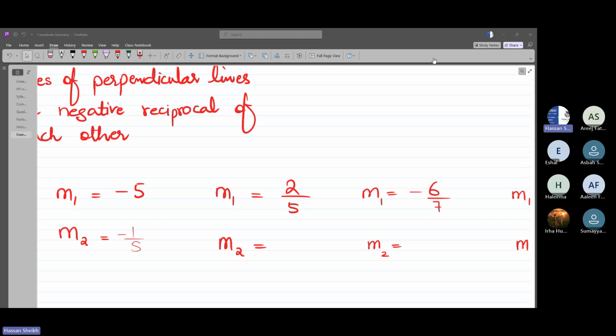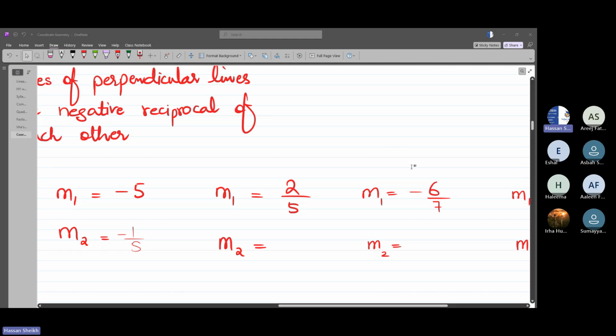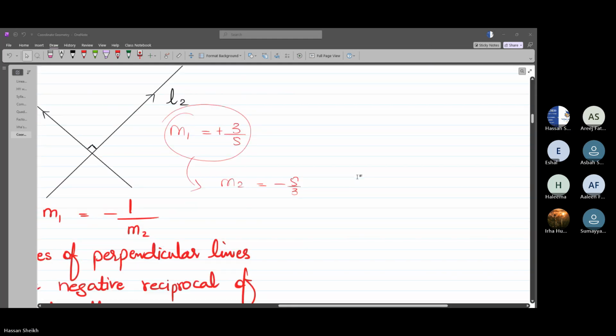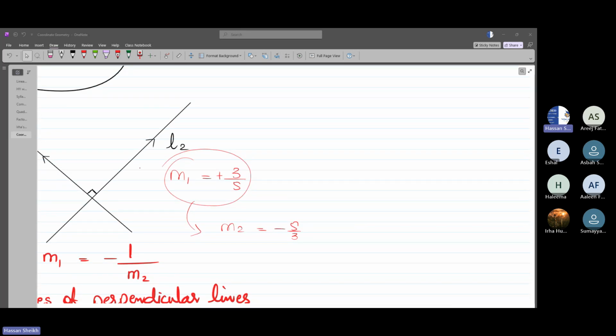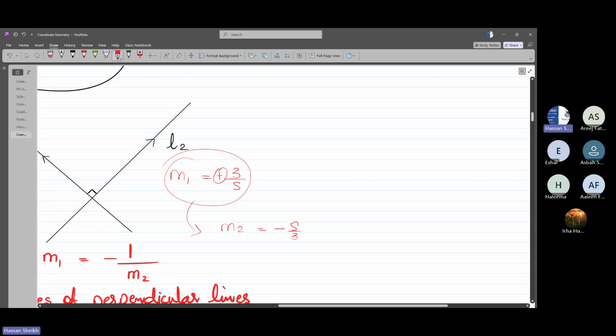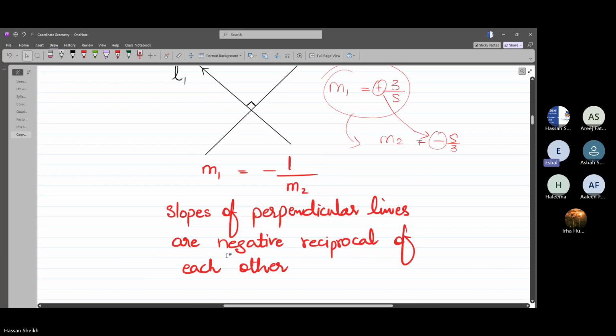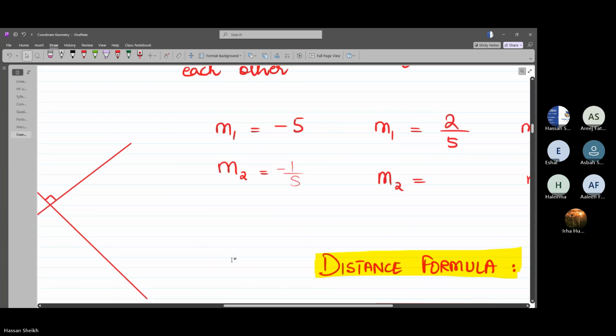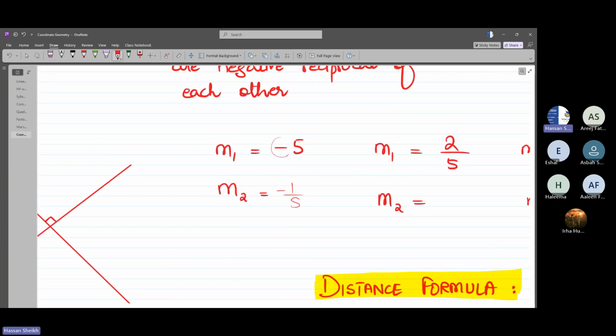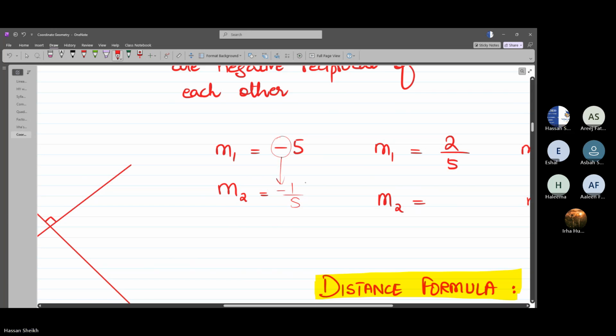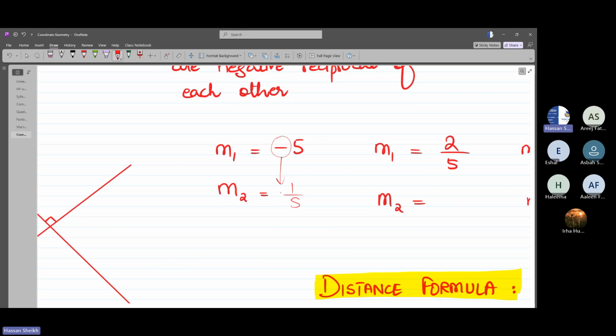You all answered that yes, that's correct. Now, what I told here, what you need to do, don't you need to change the sign and then flip it? It's supposed to be 1 divided by 5 only. Yes, because the sign is negative. So we change that sign to positive and then flip the fraction. Yes, Irha, you got your mistake. 1 over 5 is correct, but the sign is wrong.